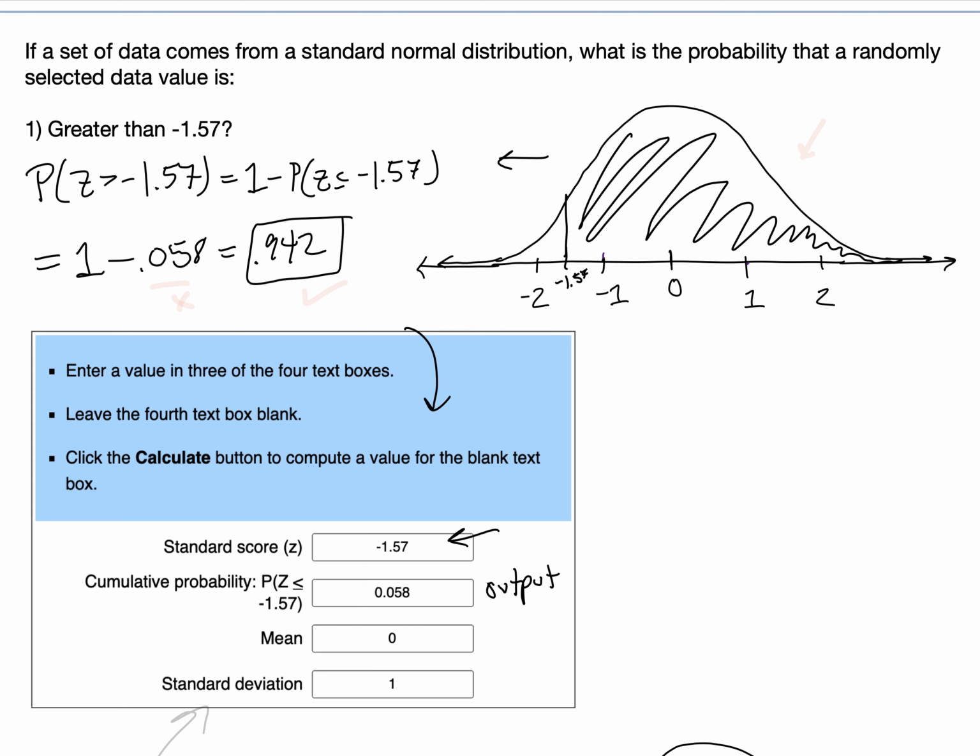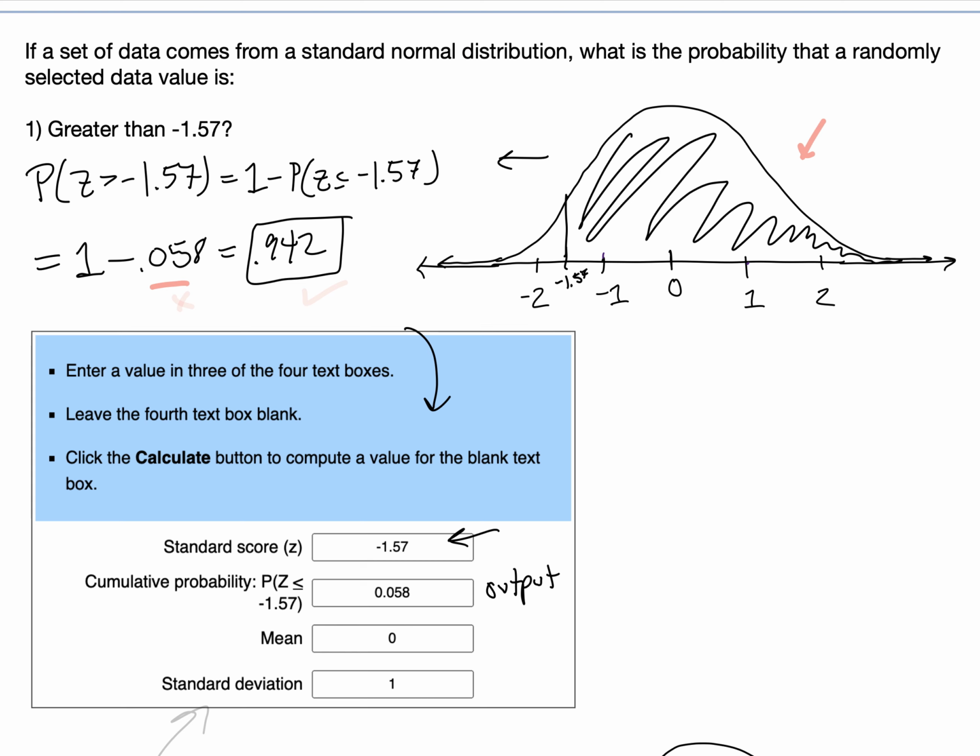So 0.942 is this probability. And one thing that's useful in doing these sketches is that if you had forgotten a step and thought that 0.058 was the solution, and then you look over at our drawing and see that the probability I want is this large shaded area, it's larger than a half because it's more than half of the area under the curve. It should be much larger.